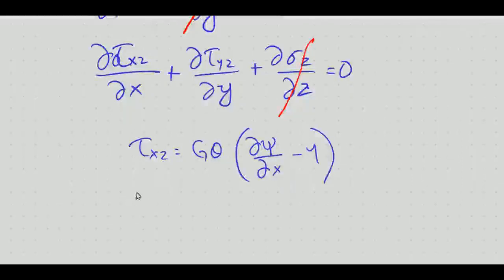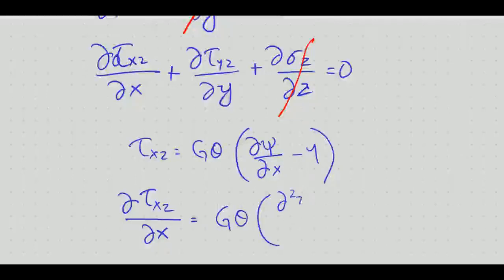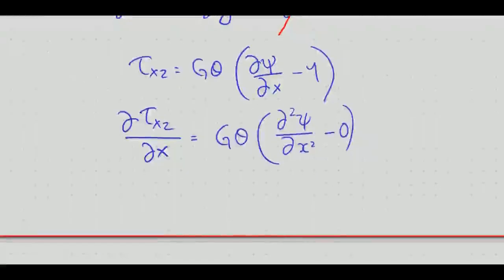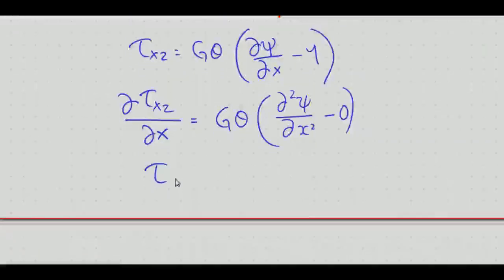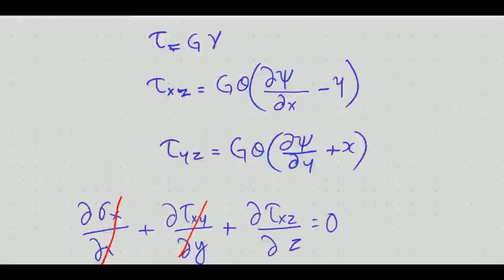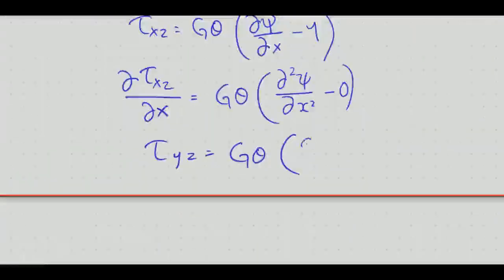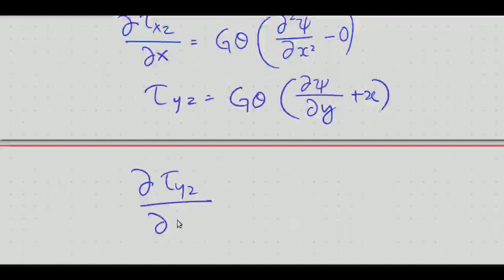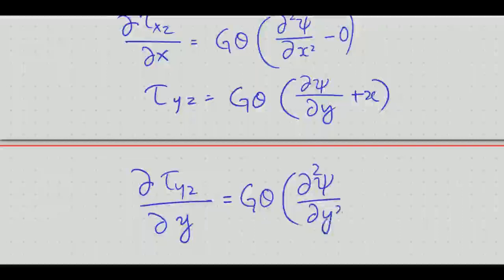So ∂τxz/∂x will be G θ into ∂²ψ/∂x² minus 0, and we also have τyz, that is G θ into (∂ψ/∂y plus x). ∂τyz/∂y we will get G θ into ∂²ψ/∂y² plus 0.